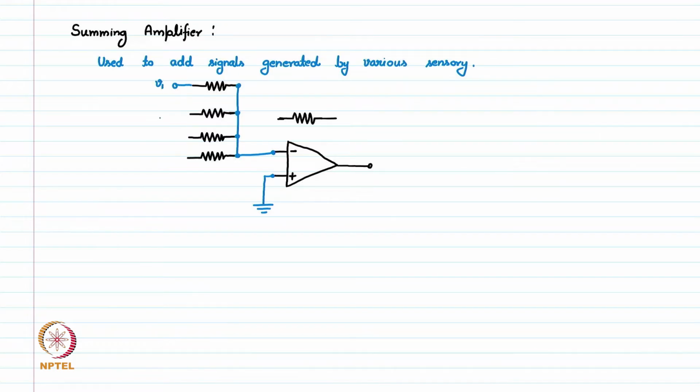This signal is, let's say, V1, this is V2, this is V3, and this is V4. This resistance is in feedback.